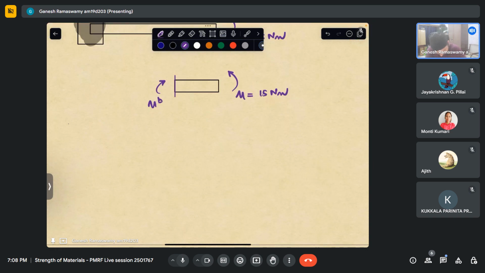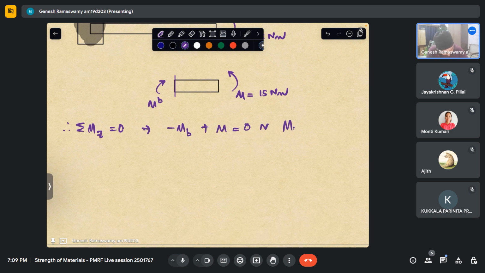equating moment about z equaling 0 by virtue of this being in equilibrium, what do I get? Minus Mb plus M equaling 0, or Mb is actually equal to M, which is equal to 15 Newton meter. In fact, let me write that down.